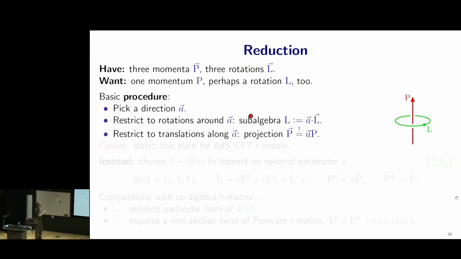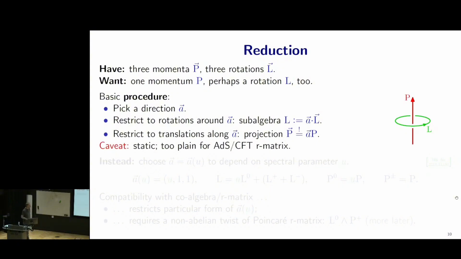You restrict to rotations around this one direction, and you also restrict to translations along this direction, and that forms a proper subalgebra of Poincare. In fact, the reduction is a bit different here. For the rotations, you take a subalgebra. For the translations, you rather take a projection. You only want translations in a certain direction. But that would be a way to reduce this 3 plus 3 dimensional algebra to the 1 plus 1 dimensional algebra that we want.